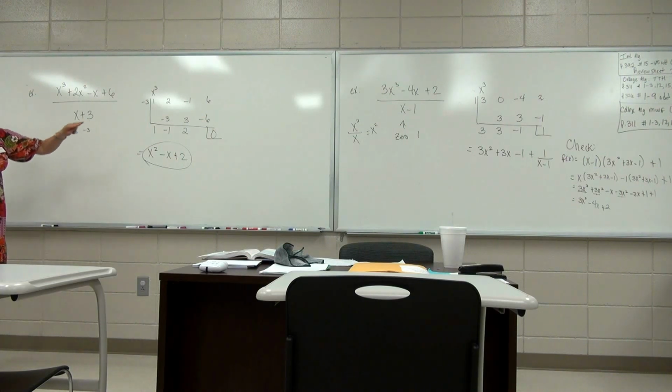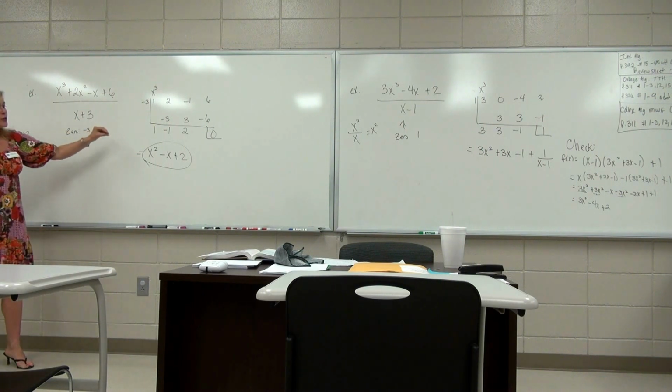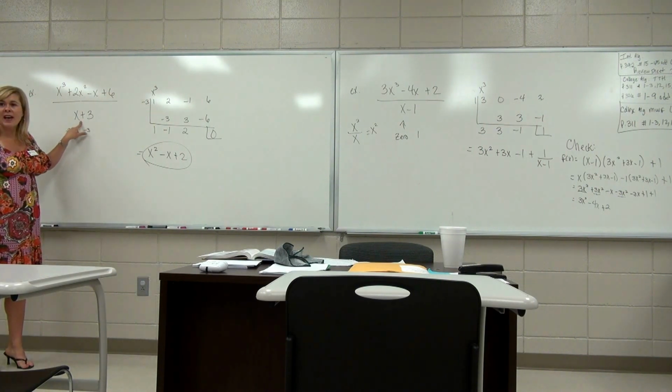Anytime you get a remainder of 0, that means that whatever you're dividing by is a factor of that. Just like if you divided 2 into 24, you'd say 2 goes into 24 12 times, the remainder is 0. And do you agree that 2 and 12 are both factors of 24? That's what happens on this. If your remainder is 0, that means that whatever you're dividing by, x plus 3, is a factor of that.